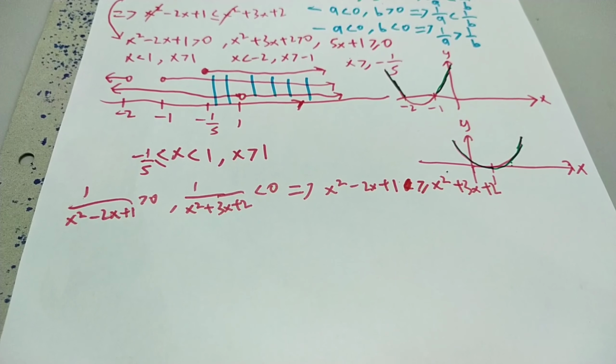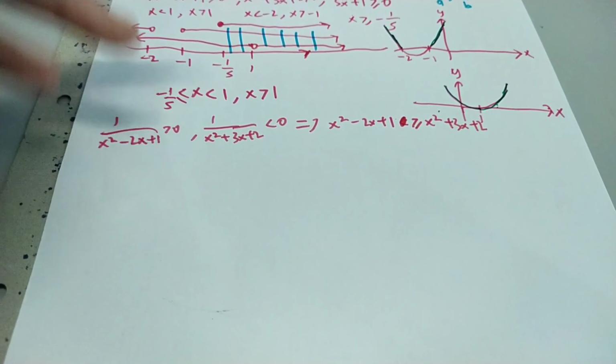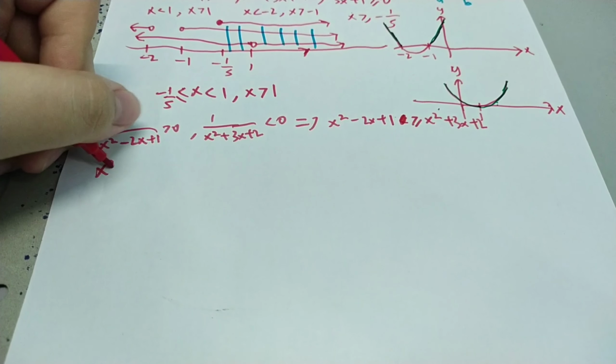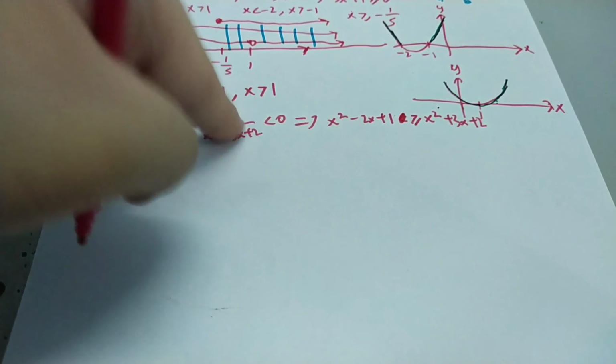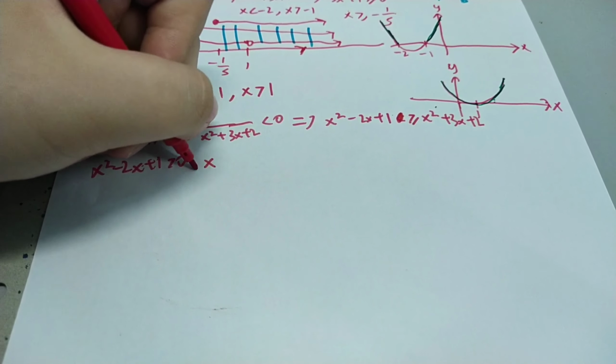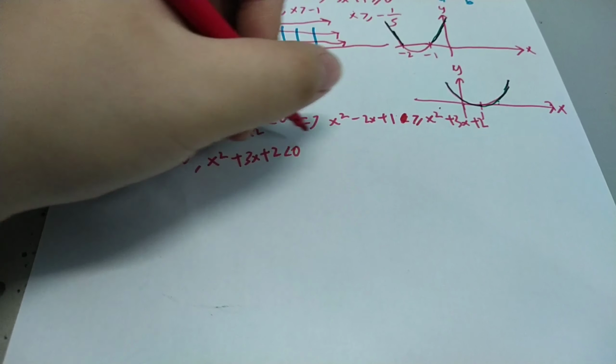So in order to make this fraction positive, x squared minus 2x plus 1 has to be positive. In order to make this negative, x squared plus 3x plus 2 must be negative.